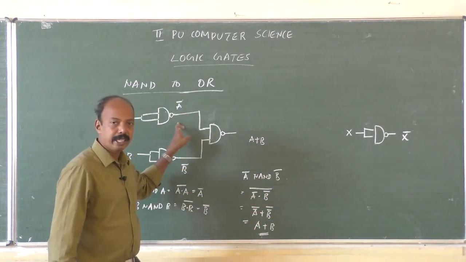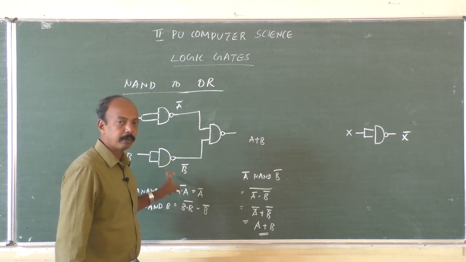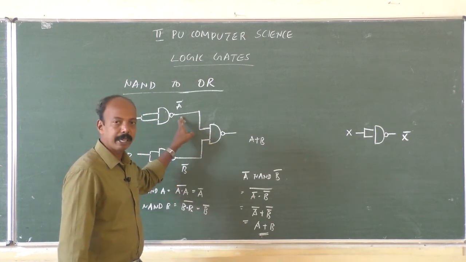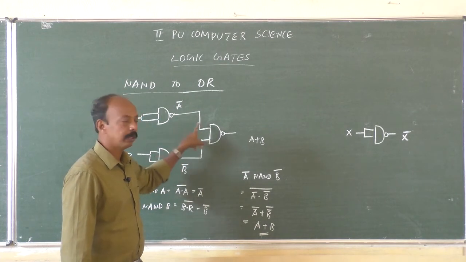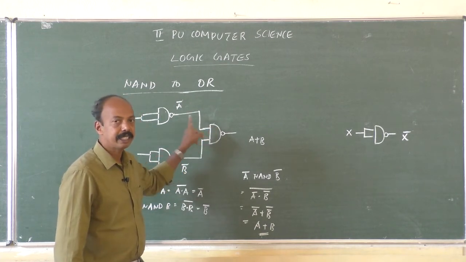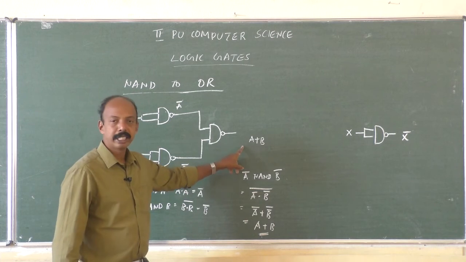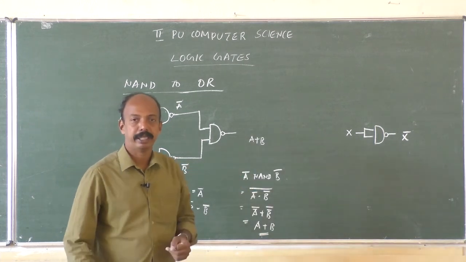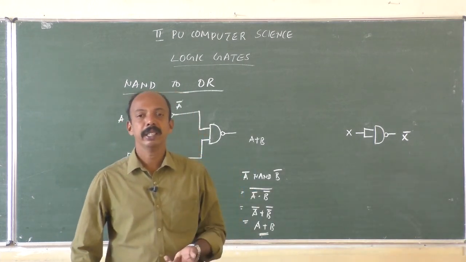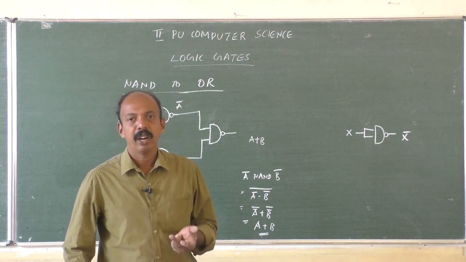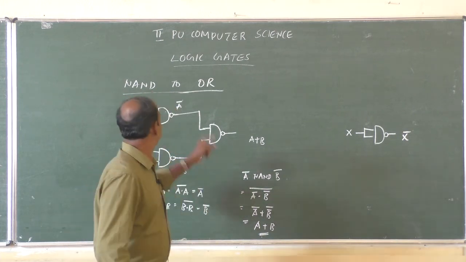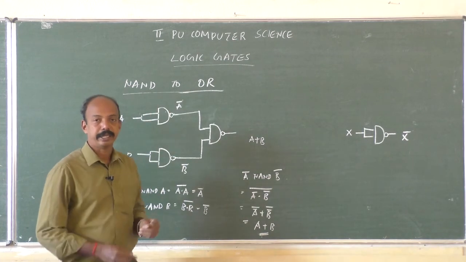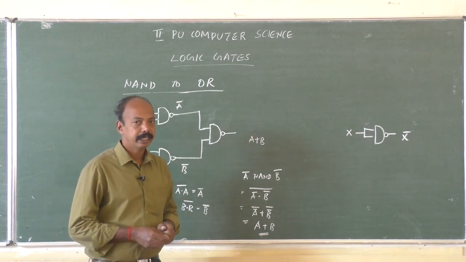We fed A to one NAND gate and B to another. Outputs we got as A bar and B bar. That was fed to a second level NAND gate as the inputs. We got the output A plus B, that is the OR gate. We got NOT, AND and OR from the NAND gate. That's why, of course, the NAND gate is a universal gate. Right?